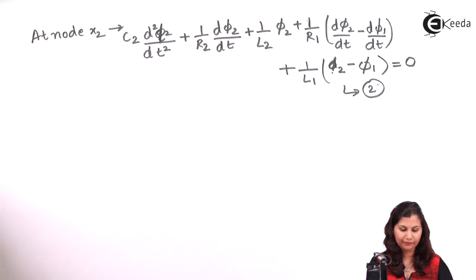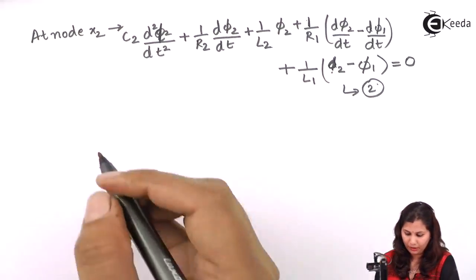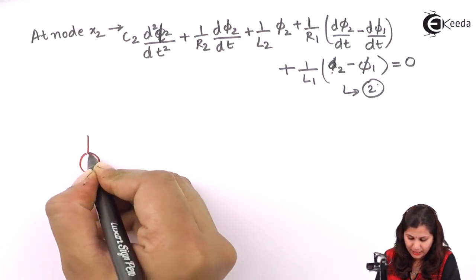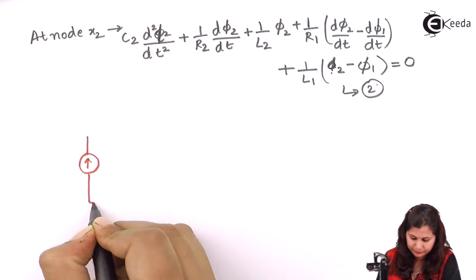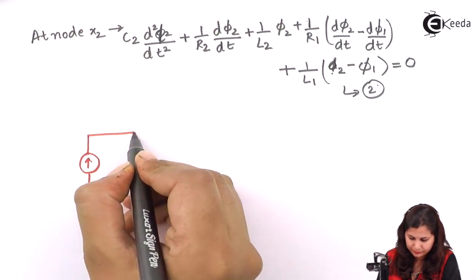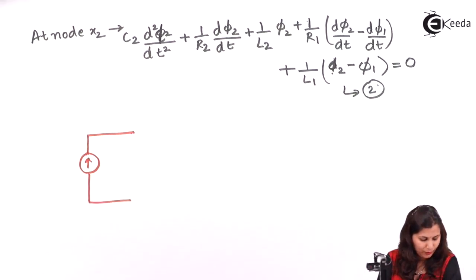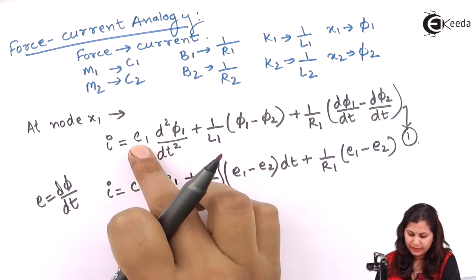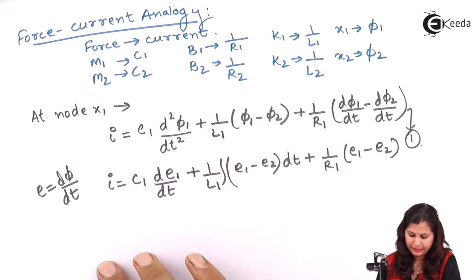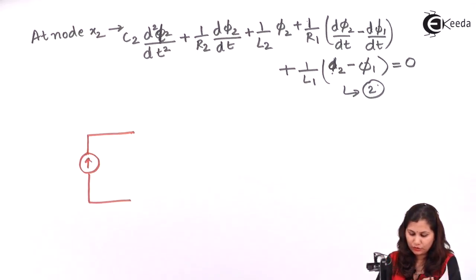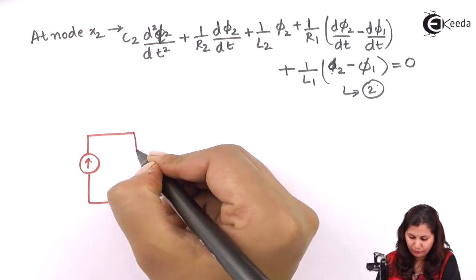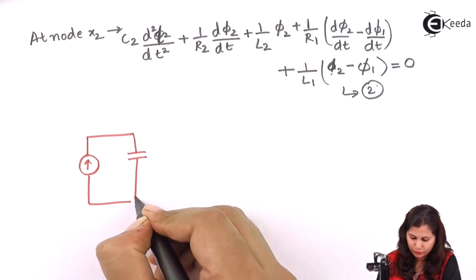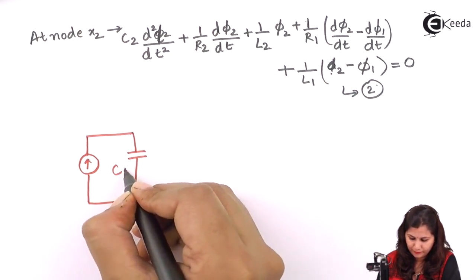So we will have this current, then C1 d2 phi1 by dt square. So C1 is associated with only this I1, so it will be connected here.